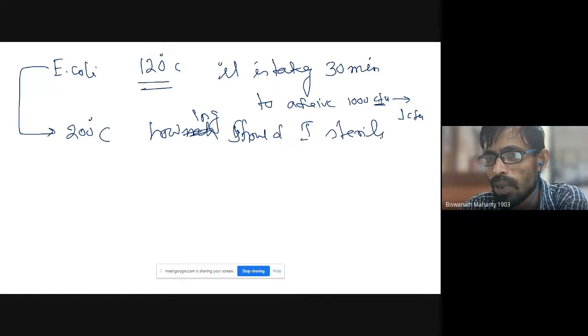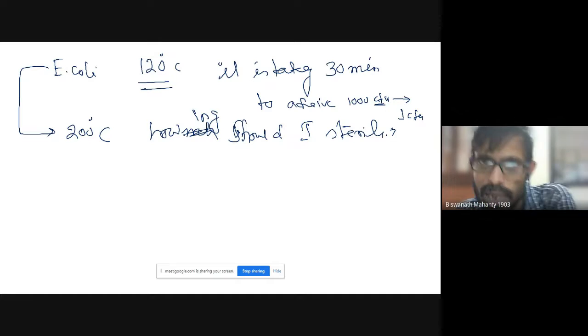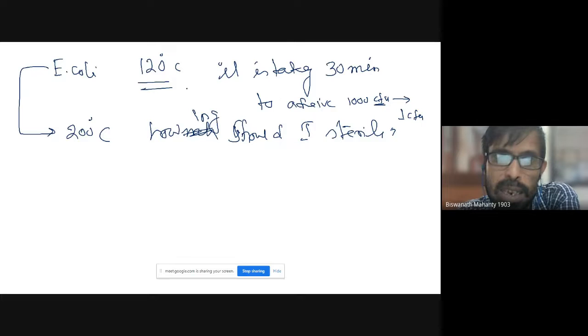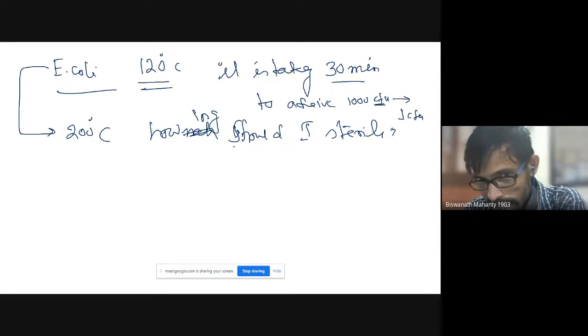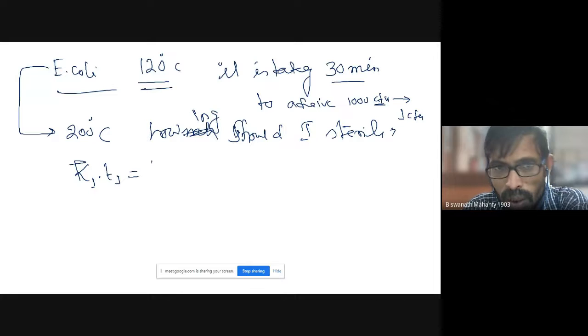If I ask these questions, then you need to have both pieces of information available with you. If you do not have the information, you cannot do that. So basically there are two situations. This is the first situation and this is the second situation. And how are you going to do that? Very easy. Coming to our main calculation, what I called Kt, you remember I told you, equals ln of number initial by number final, whatever you need.